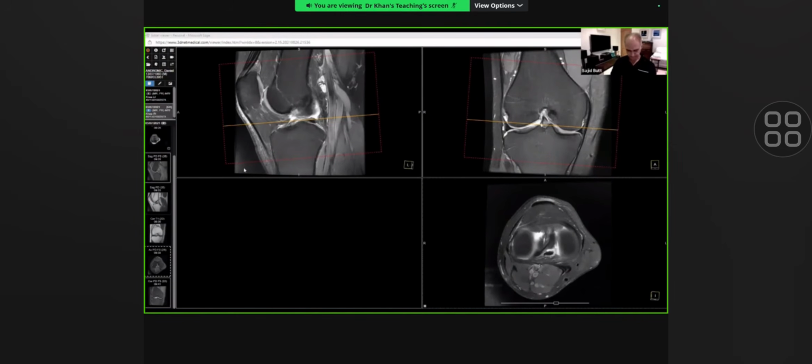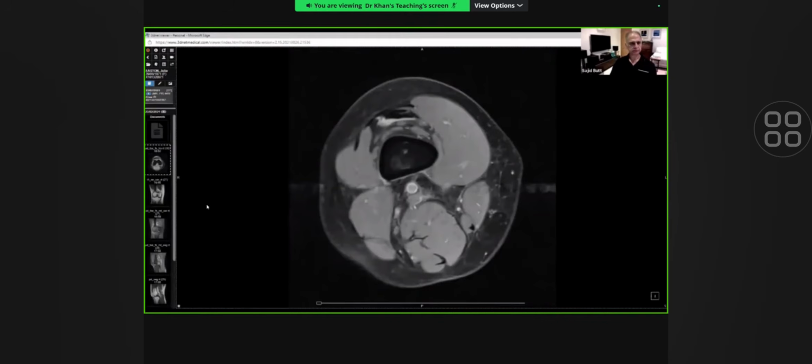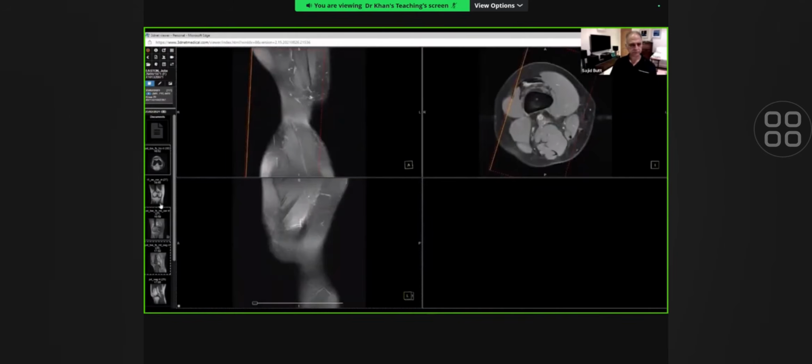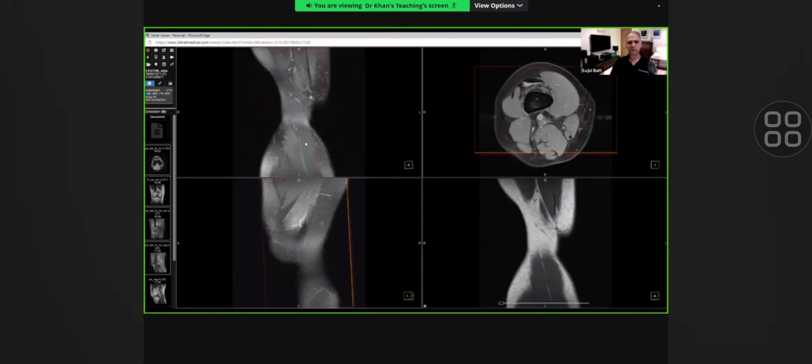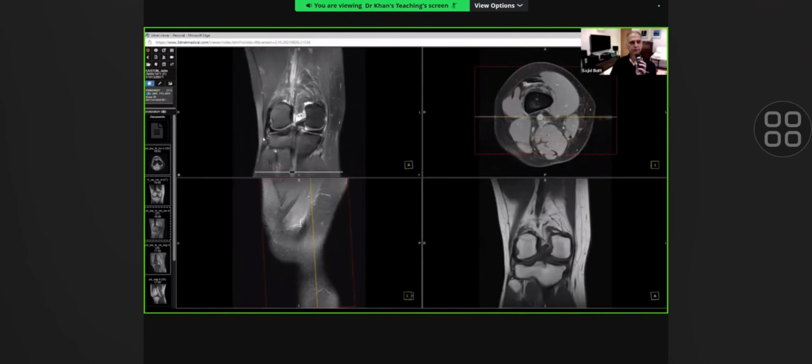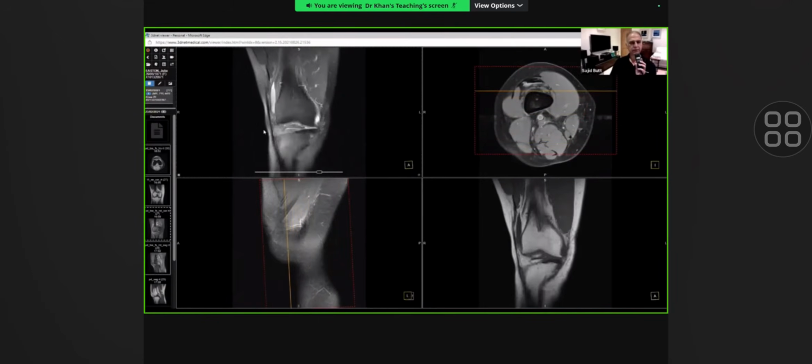Next case is, if you look here, this is right knee joint.